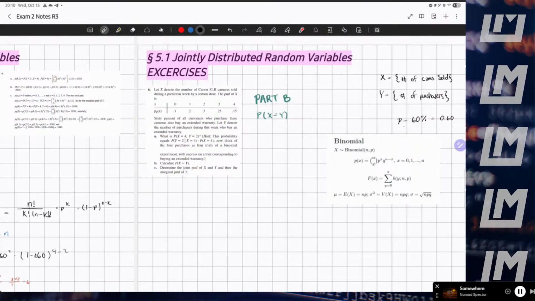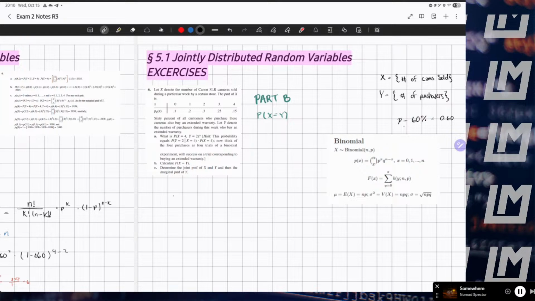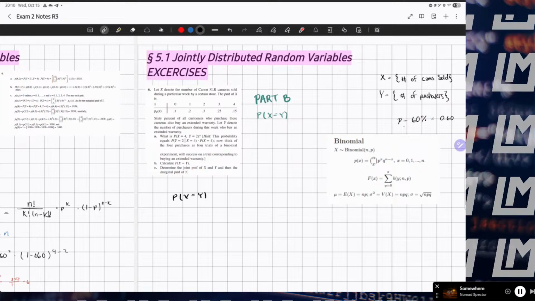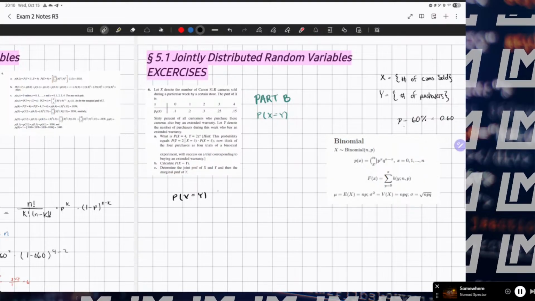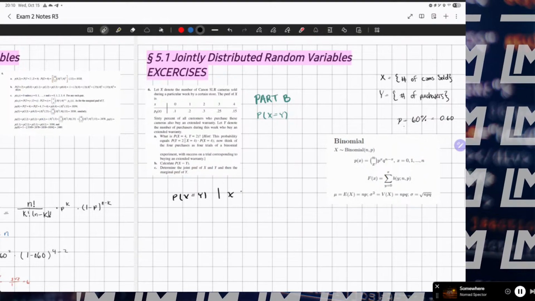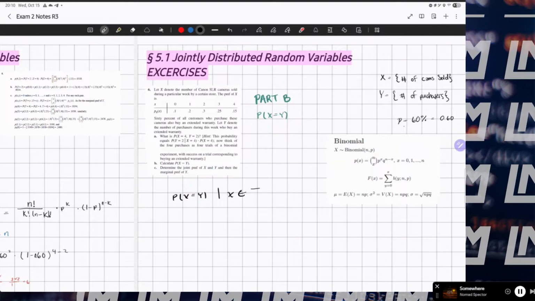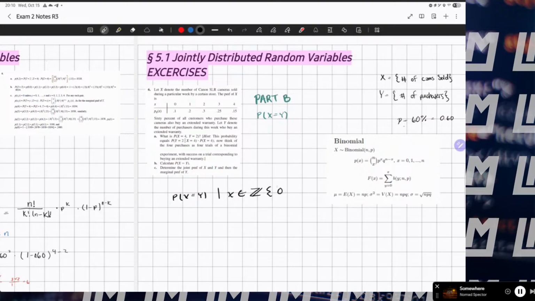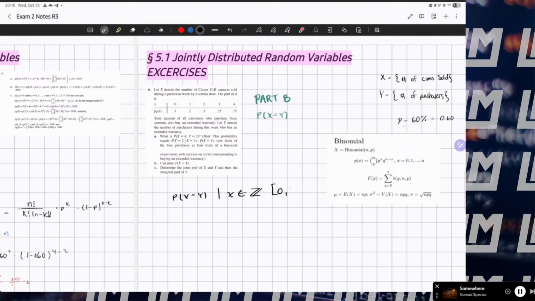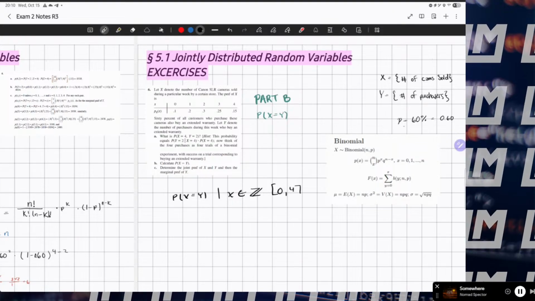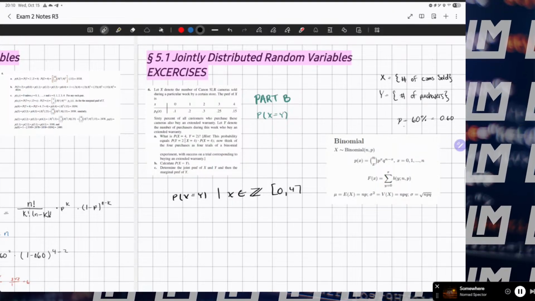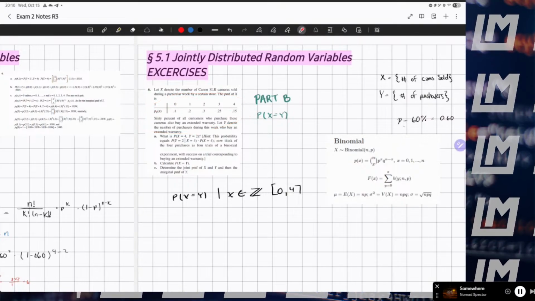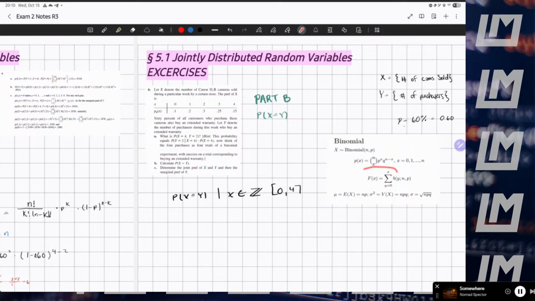So for every time p equals x and y, we're going to have to find P of X equals Y, given that x exists in integers on the set of 0 to 4. See right here? So we're going to have to figure out for all of x times all of y, it's going to be a sum value.